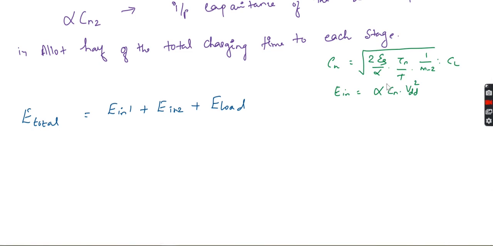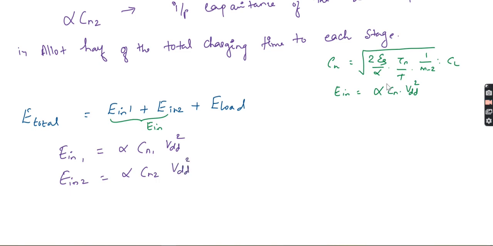So this E in only we are splitting into E1 and E2. So what is the E in 1? Let us write: E in 1 is nothing but alpha Cn1 VDD square. Then E in 2 is alpha Cn2 VDD square.